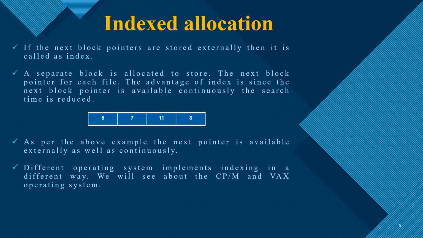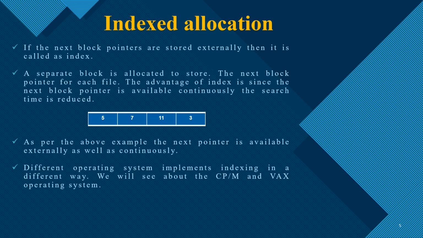For example, the first block is 5, 5 points to 7, 7 points to 11, and 11 points to 3. Instead of searching, the index provides in advance which block should be referred to. So the next pointers are available externally as well as continuously, which reduces the searching time. This is the main advantage of the index allocation method.